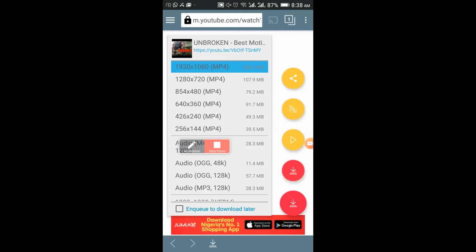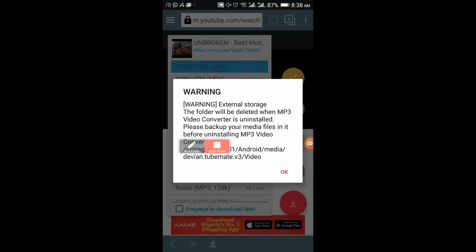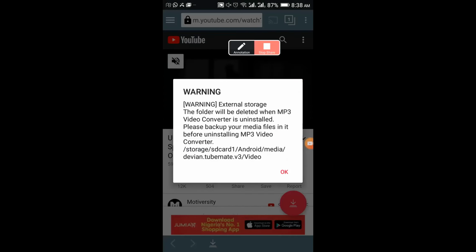So you click the red button. All right, they say, because I've set my internal storage, the external storage folder will be deleted when the MP4 converter is uninstalled. Whenever you're downloading a video, they will also tell you to download the MP4 and MP3 video converter. So you have to download that. When you want to download your first video, you say okay.